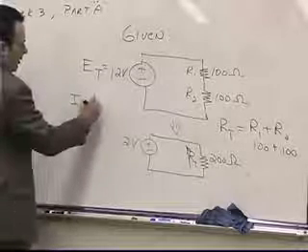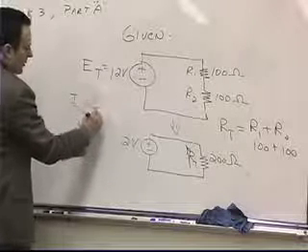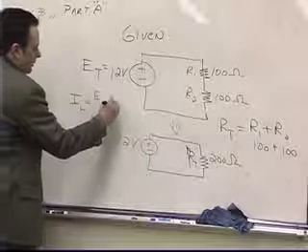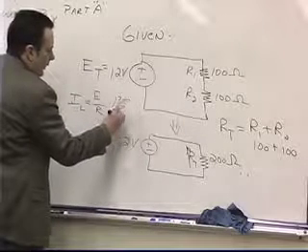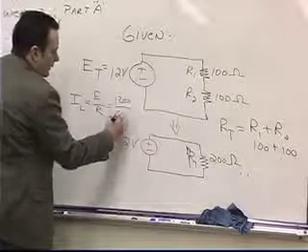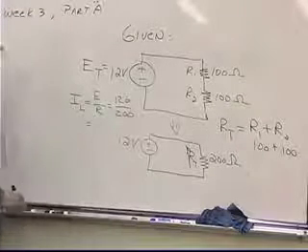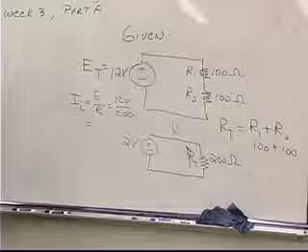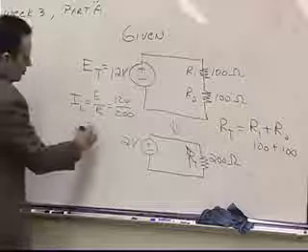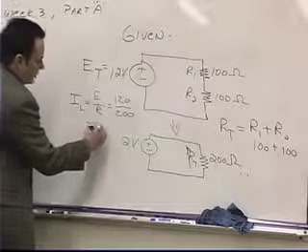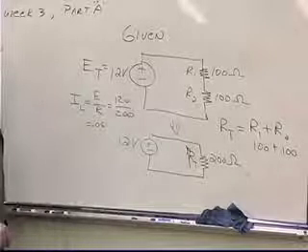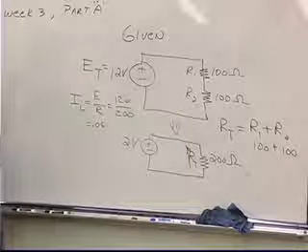E divided by R, which is equal to 12 divided by 200. So what is that equal to? 0.060. Is that right? Okay, so we'll just write it as 0.06.